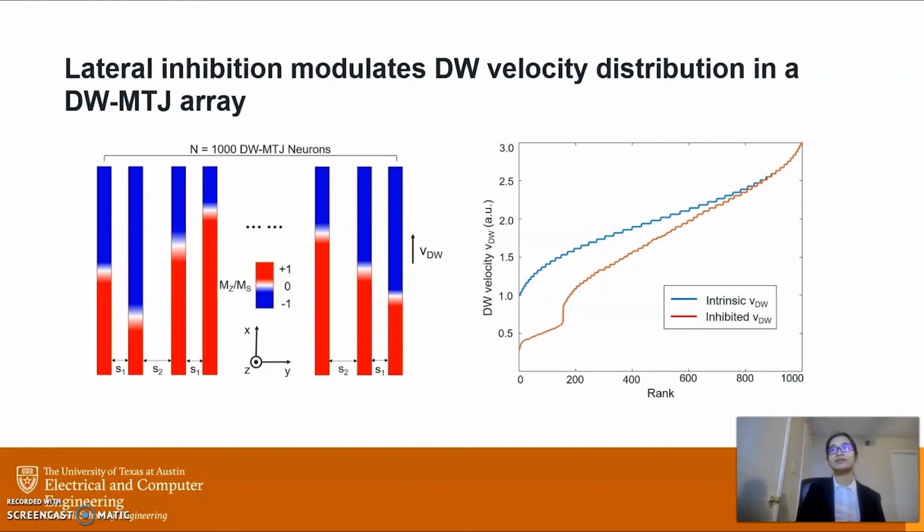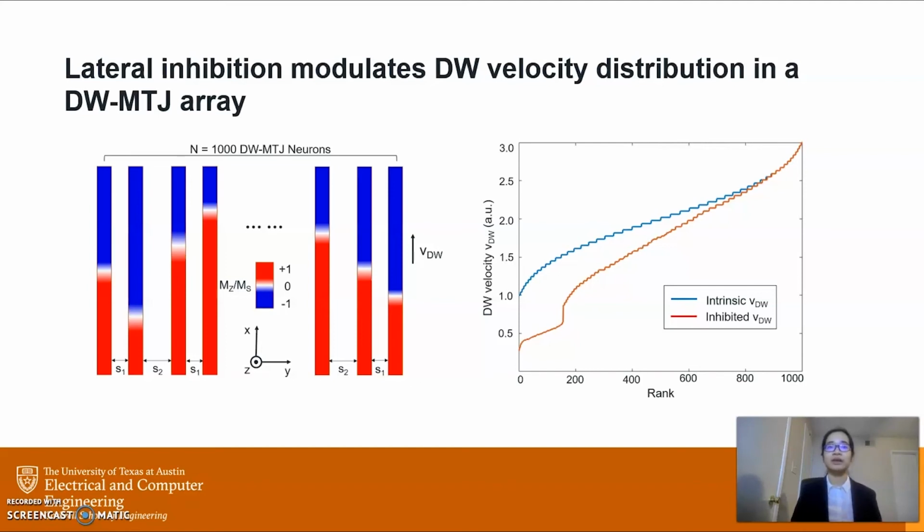We have just looked at the lateral inhibition in a pair of domain wall neurons, and now we move on to study an array of domain wall neurons, where we can see that the lateral inhibition is able to modulate the domain wall velocity distribution in the array.